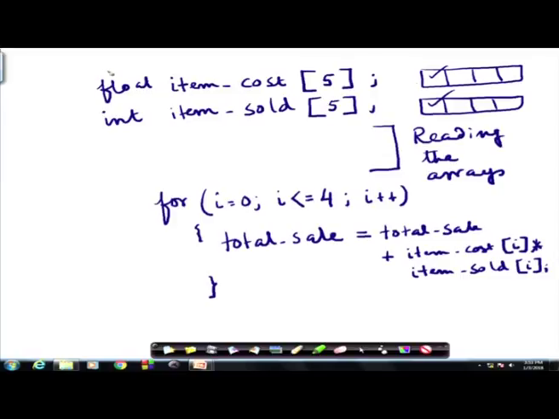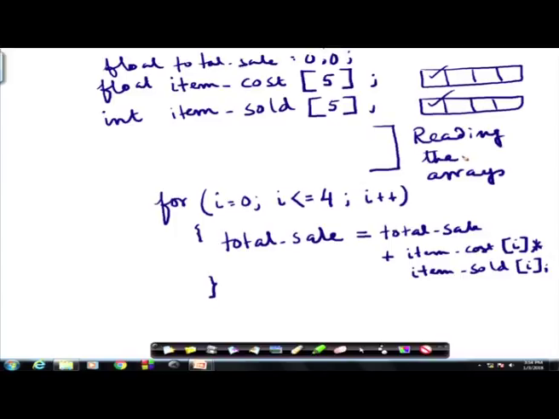So, here I can have float total sell initialized to 0.0. All right, I can do that. So, now I am doing it in a loop.